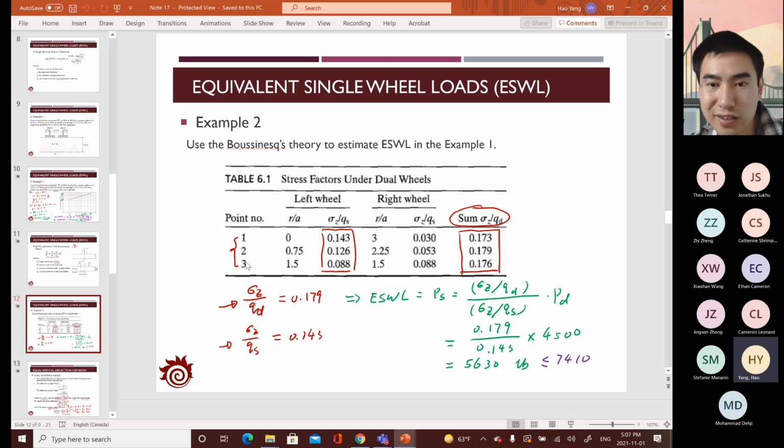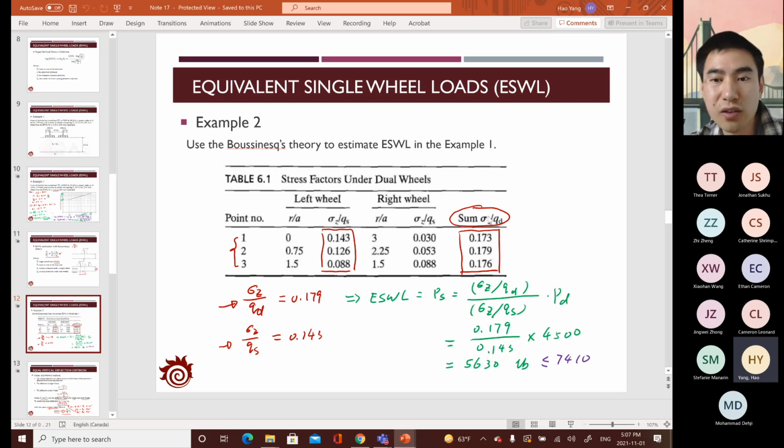As the right wheel is farther away from point 1, point 1 will have the smallest value and point 3 will have the highest value. And the value at point 3 for these two wheels will be the same.